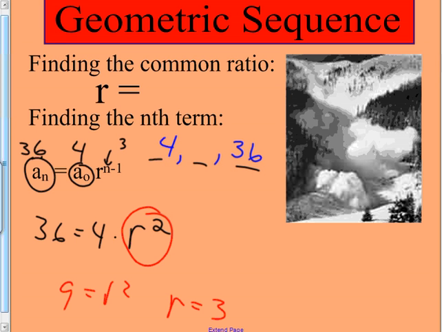So r equals 3, and therefore, what do we figure out? The common ratio is 3. Yes, it's absolute value of r, and yes, technically that means plus and minus 3, but I threw out the negative because it was extraneous.